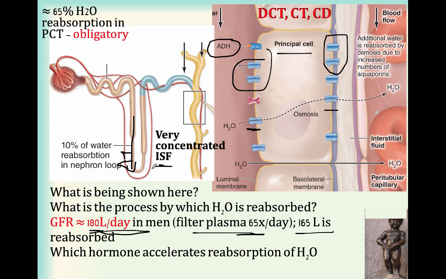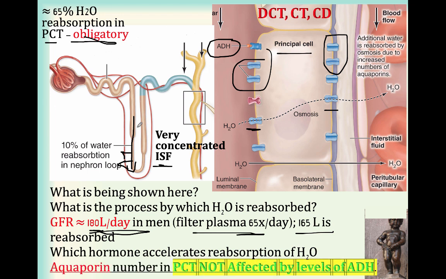And so 65% of the water absorption is occurring in the proximal convoluted tubule. And again, that's obligatory, and that's because the ADH has no effect here. Okay. And then the aquaporin number, again, in the proximal convoluted tubule is not affected by the levels of ADH.